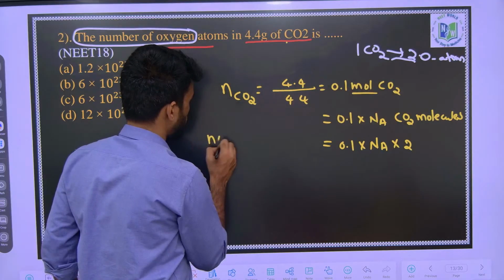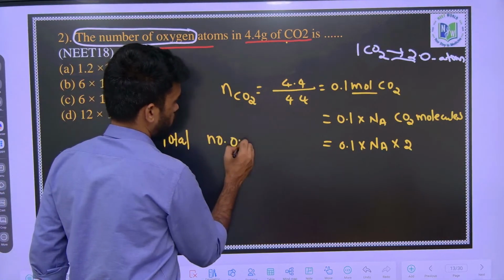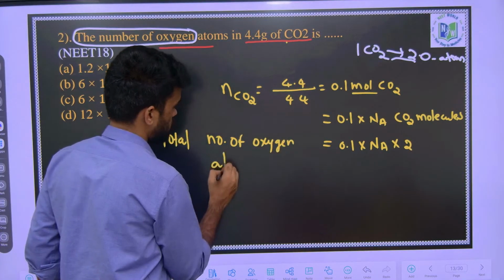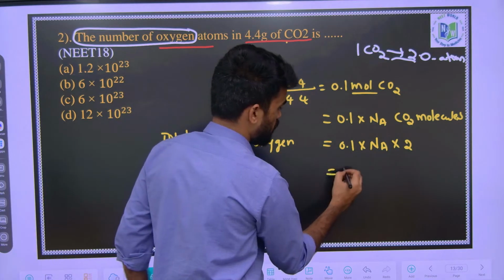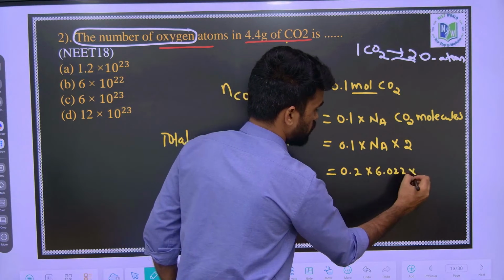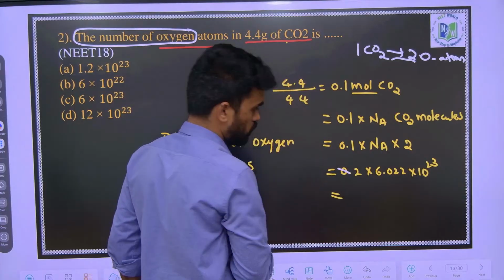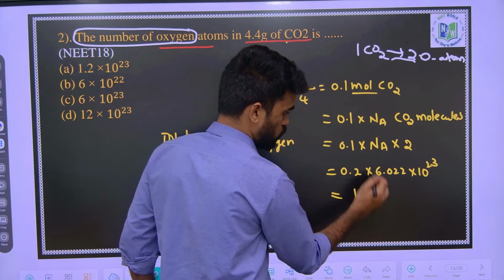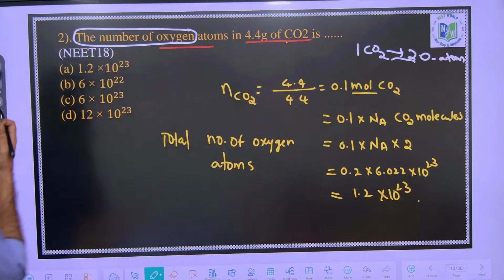So the total number of oxygen atoms is equal to this many. So it becomes 0.2 into 6.022 into 10 power 23. So I can simply write it as 1.2 into 10 power 23 also. Do we have anything like that?